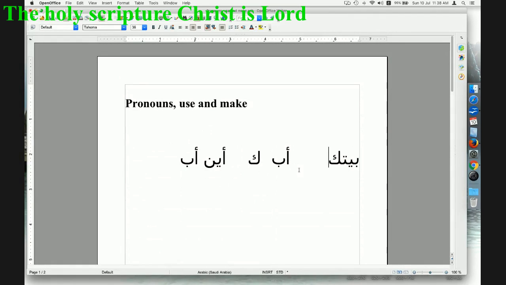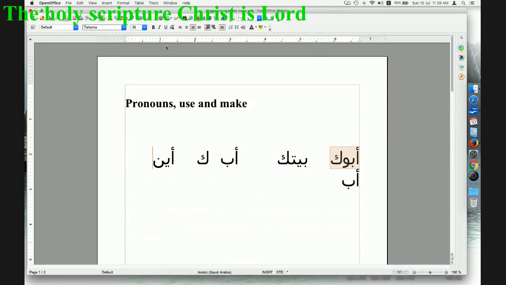However, we have something called street language, and we have the classical language, the Arabic classical one. So the word ab, when we speak in the street and we say to somebody your father, we say abuk. All right, this is abuk.